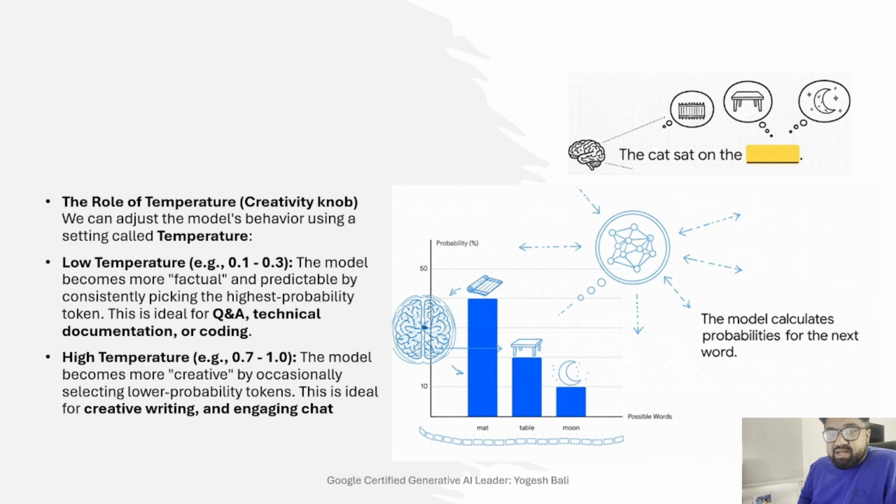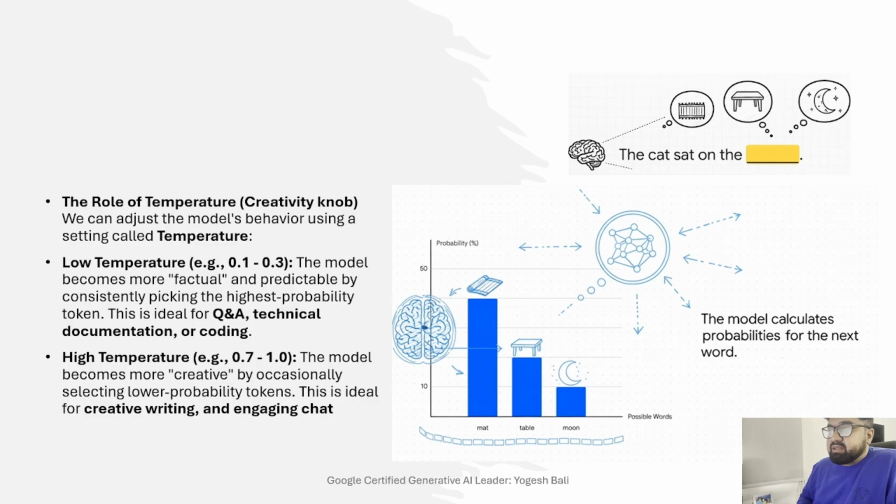There is a temperature knob in LLMs which controls the behavior of the model. So the temperature value can be between 0 to 1. If it is lower, like 0.1 and 0.2, that means the model will give the output as more predictable, more accurate. If this temperature value is high, like 0.7 or 0.9, that means the model will be more creative.